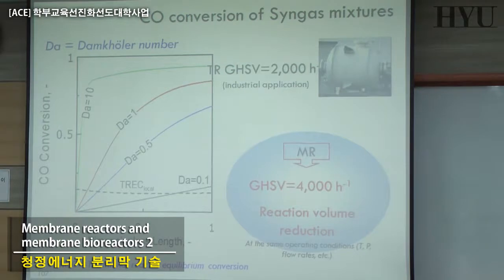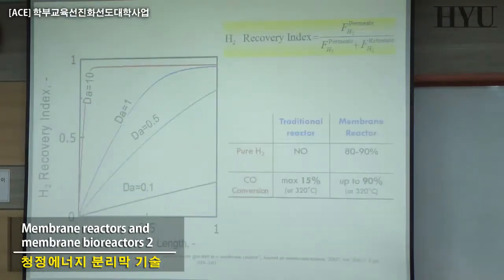Overall we can have a reaction volume reduction of an order of magnitude. Normally in a membrane reactor you have a gas space velocity of 4000 h-1 characterizing it, compared to the traditional GHSV in a traditional one. And those are simply the more favorable conditions that you can obtain.